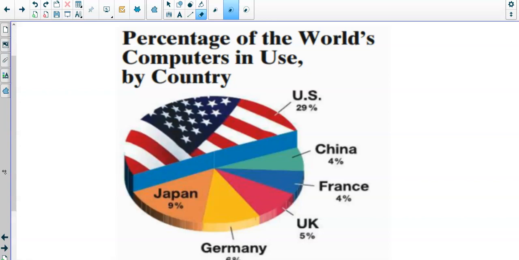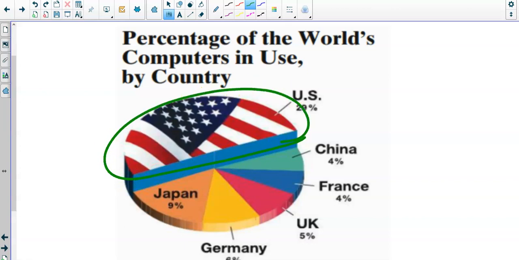Look at America's percent. It's 29%. But how much is the American wedge taking up? Half of the pie chart. If your wedge is taking up half the pie chart, your percentage better match that. That's what's deceiving about this.